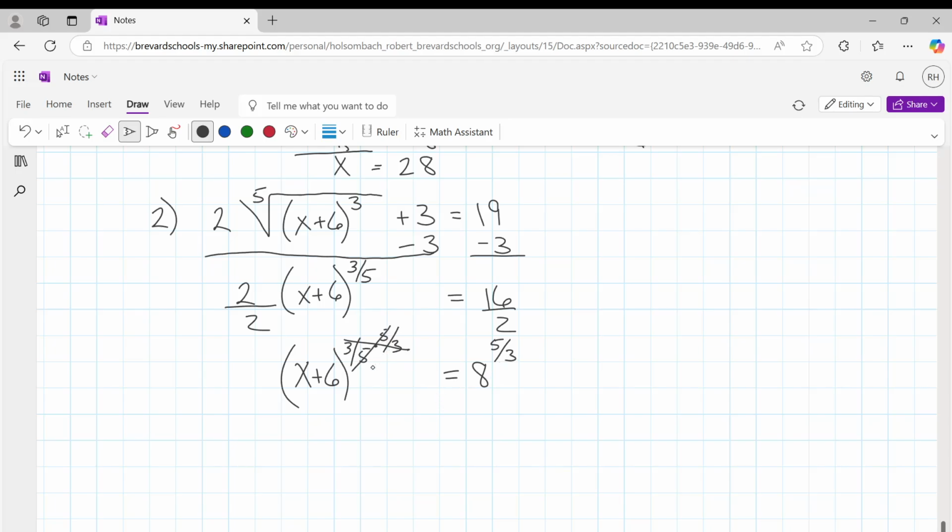These cancel out, and x plus 6 is equal to 8 raised to the 5/3 power, which is 32. And then you can subtract 6 from each side. And then check your solution.